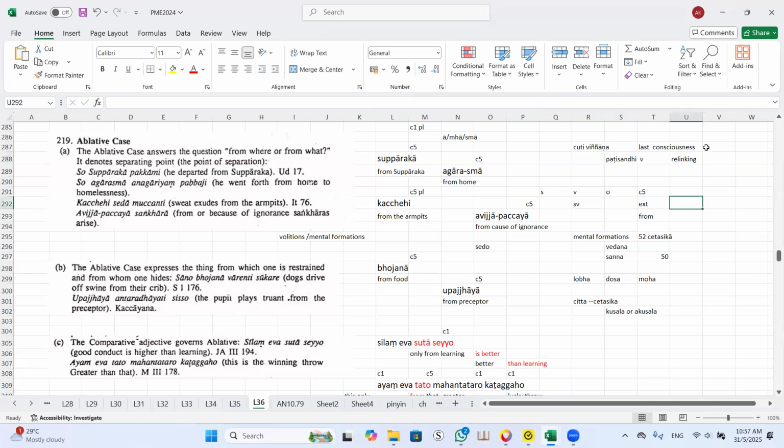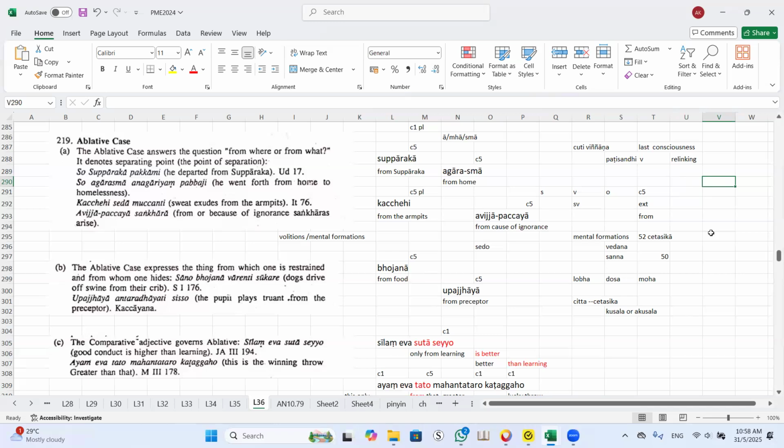So this vijnana refers to, first, avijja paccaya sankhara, sankhara paccaya vijnana. It is not referring to the six sense consciousnesses, such as eye consciousness, nose consciousness, ear consciousness, body consciousness, tongue consciousness. It's talking about relinking consciousness.